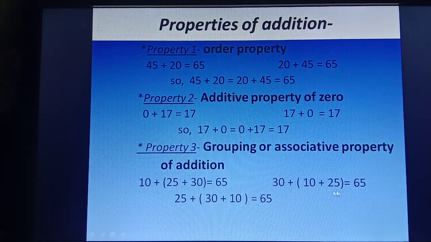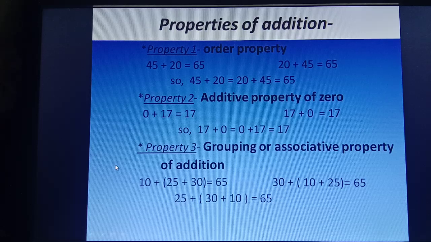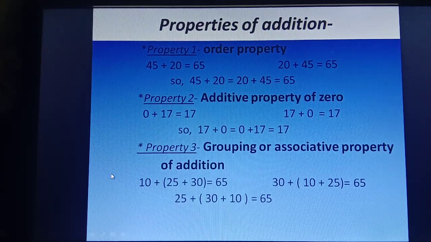Again, if you are making the group of 10 plus 25, 10 and 25 together, then the answer will be the same, and lastly if you are making the group of 30 and 10, the answer will be the same, but the 3 numbers should be the same. If you are changing the group, there will be no effect on the answer. Those are the 3 properties you have to read in 4th standard.